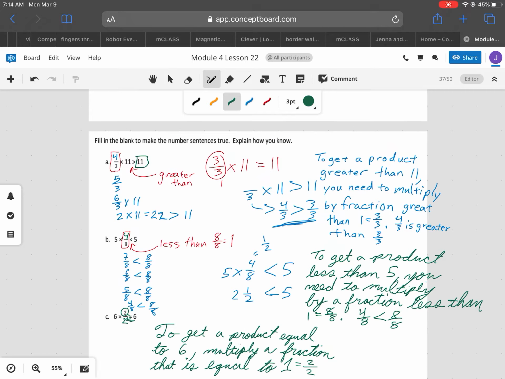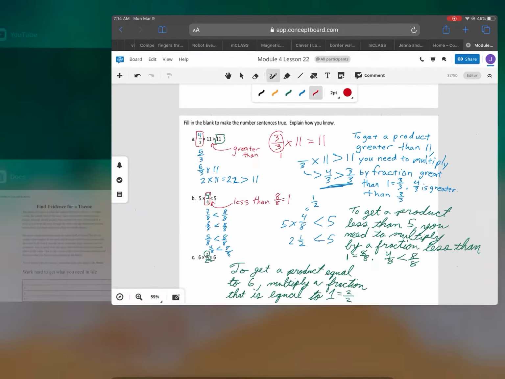Okay, so the scaling factor is basically the fraction. So circle the fractions for that, and then put a box around the other part. Okay, draw a tape diagram to model.